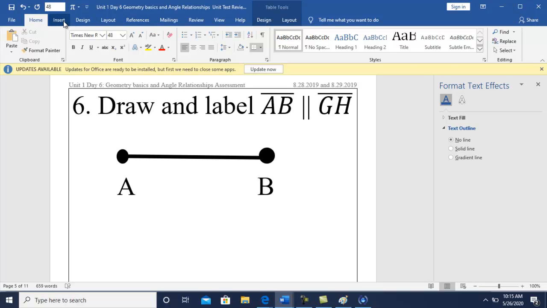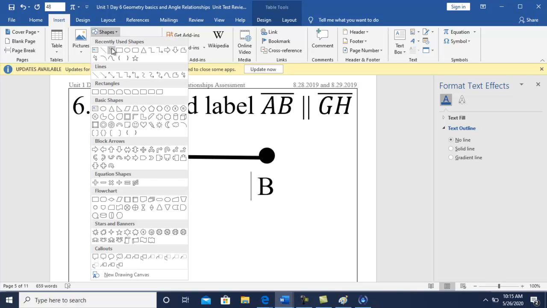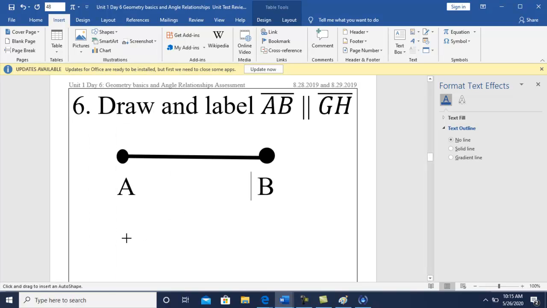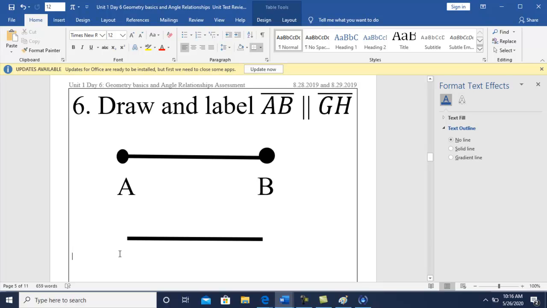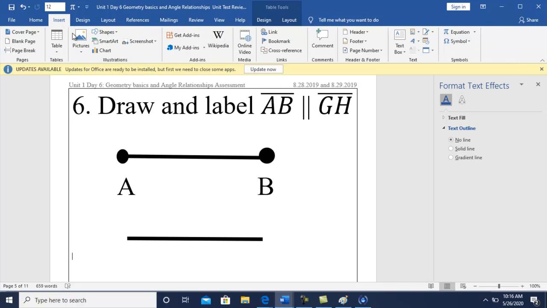We're going to draw a second line segment. And remember, they got to be parallel to each other. They don't have to be congruent to each other, but they do have to be parallel. And again, we need 2 points.